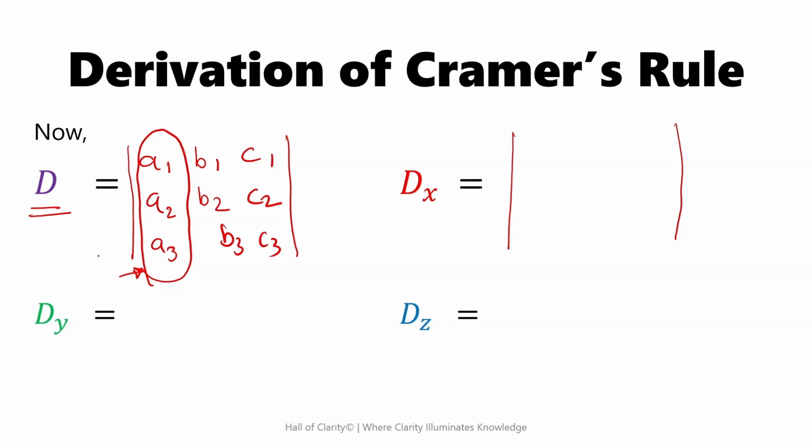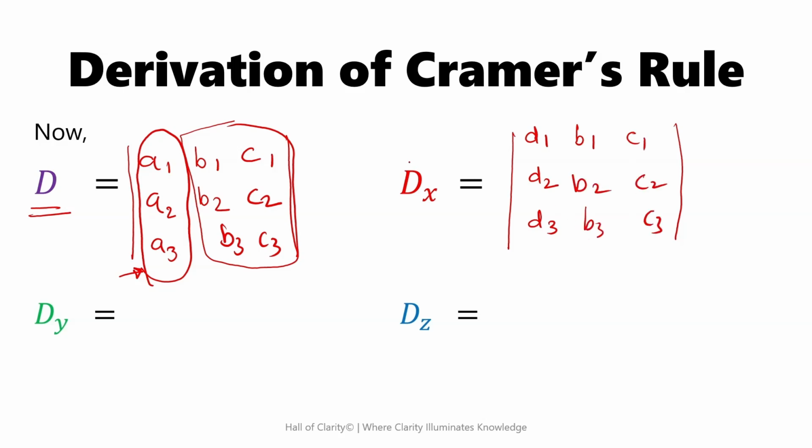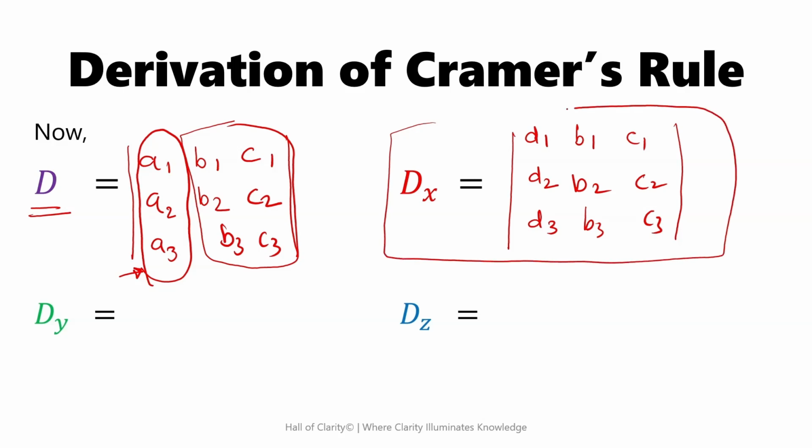I will replace that with the constants. The constant of the first equation is d1, the second is d2, and the third equation is d3. And the remaining columns I will write as they are: b1, c1, b2, c2, and b3, c3. So this becomes determinant dx.